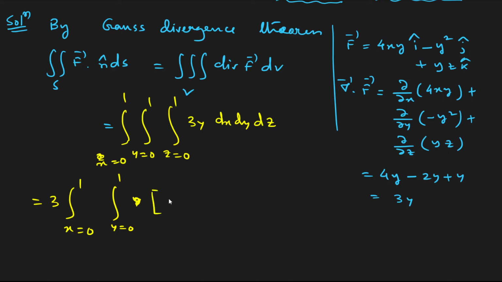So now we have to integrate with respect to z. So now if we integrate it, we get y and then z, yz between the limit 0 to 1, dx dy.